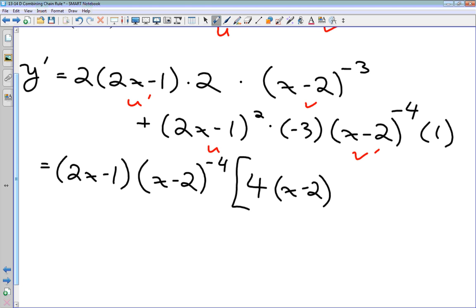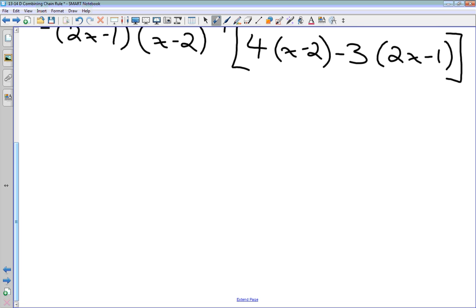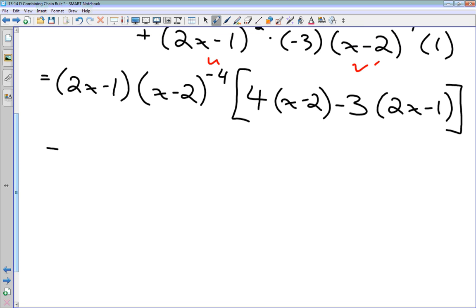The coefficient in our second term is negative 3. We have factored out one of the 2x minus 1s, so we're going to be left with a 2x minus 1. And we've already taken care of the x minus 2 to the negative 4. So from here, it's just expand, simplify, collect our like terms. So we're going to be left with 2x minus 1.